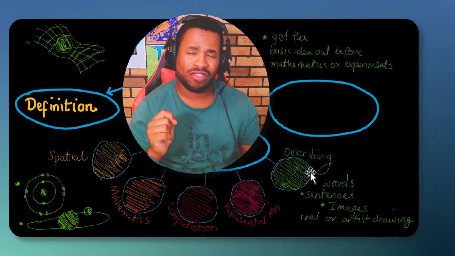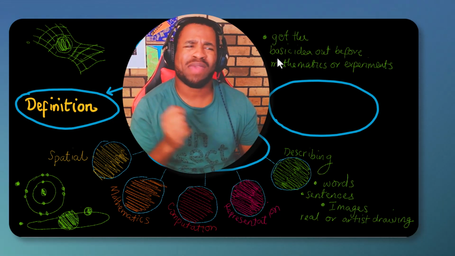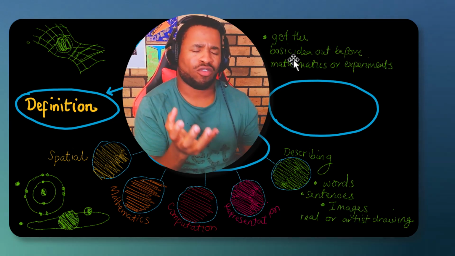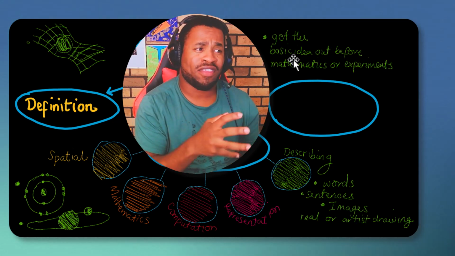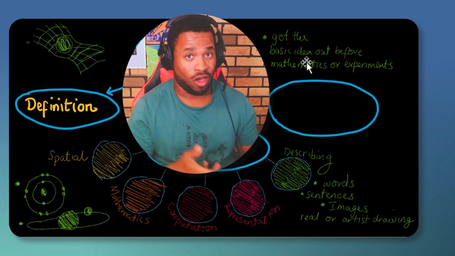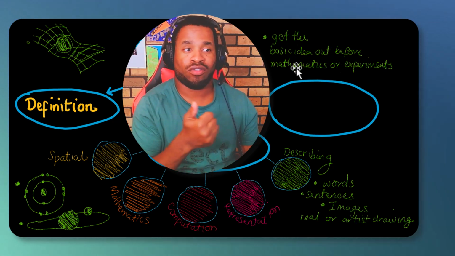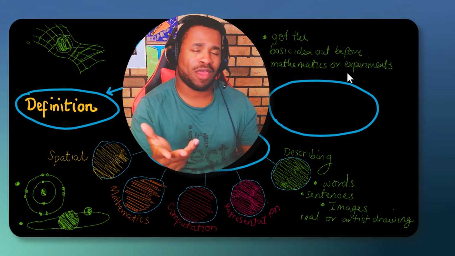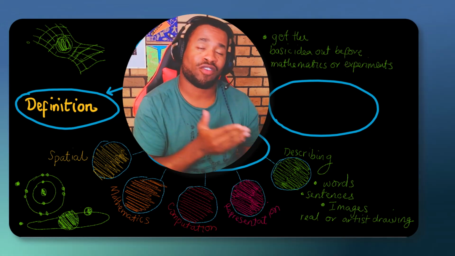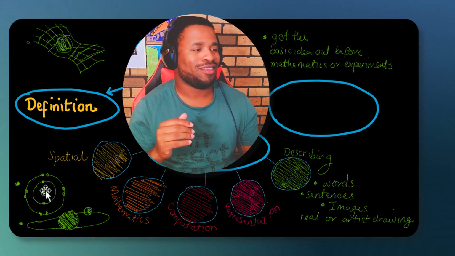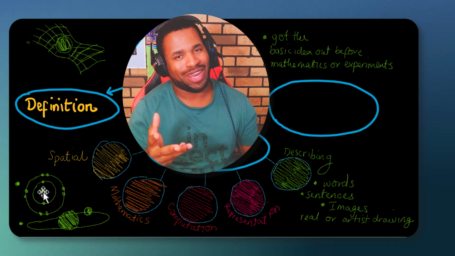And the goal of this model here is to get the basic idea of a particular system, and this can then be tested using either mathematics or experiments to prove that it is correct or wrong. Side note, this model of an atom is not really accurate.